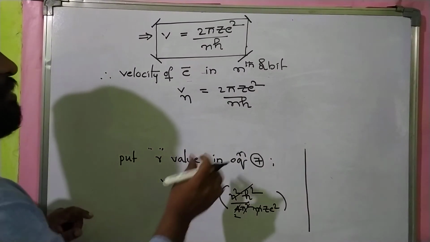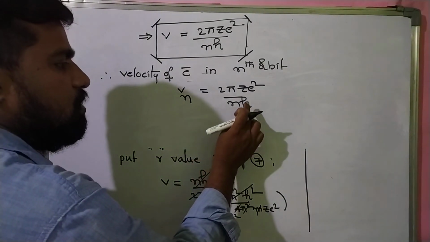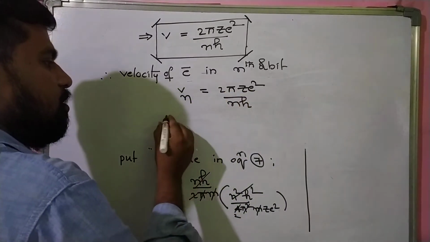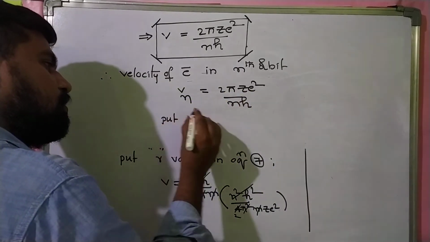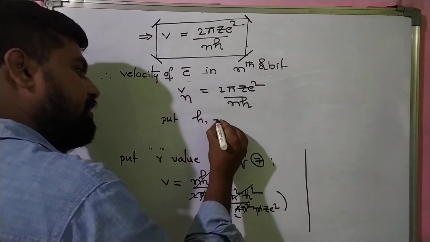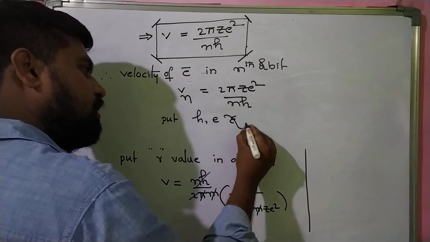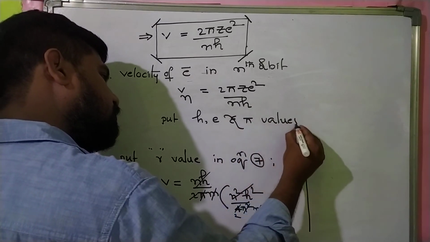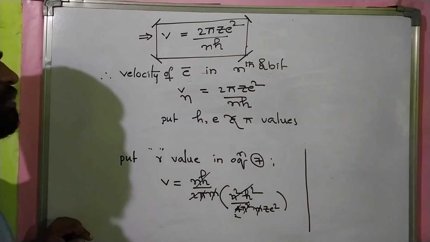Now we have the values of h and e and pi also. Put the h value, e value and pi value in this equation.